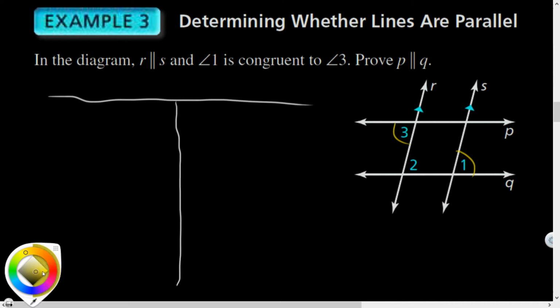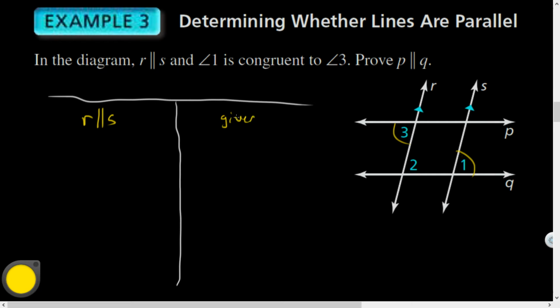Let's start with the givens. R parallel to S. There's a non-cursive R for us. The reason that's true is given. And I'm going to wait to say 1 congruent to 3. If you were just looking to pick up points, you could give me all your givens at the beginning.